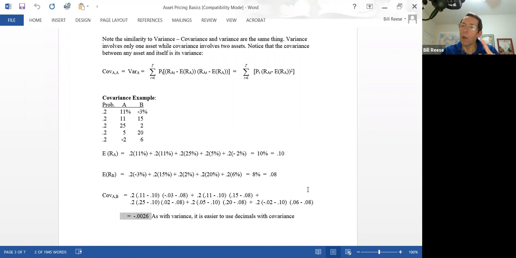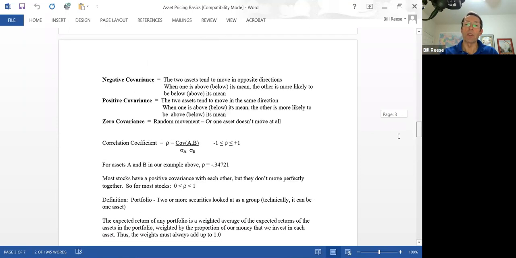With covariance and correlation, if you want to move from covariance to correlation, you divide by the standard deviation of A times the standard deviation of B. So if we go to this next page, the correlation, and we can call it correlation coefficient or just correlation, either one, is given by this Greek letter rho. It looks like a script P, right?